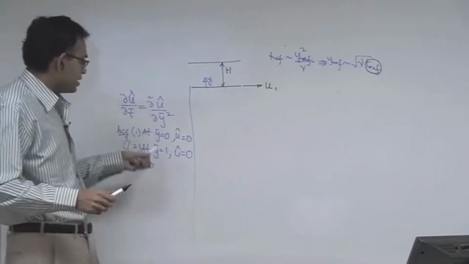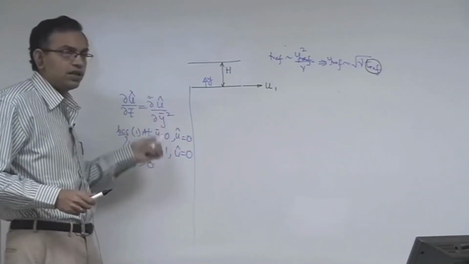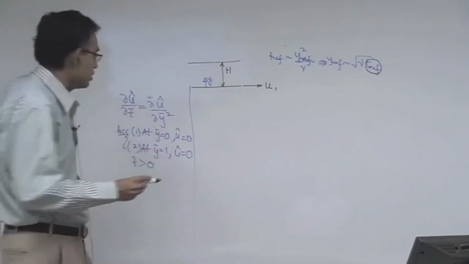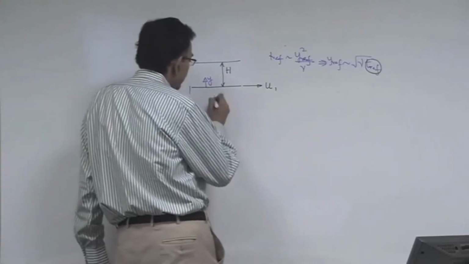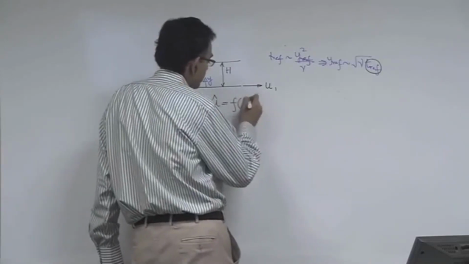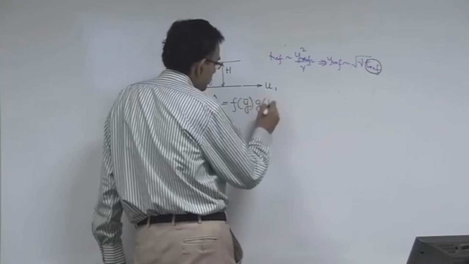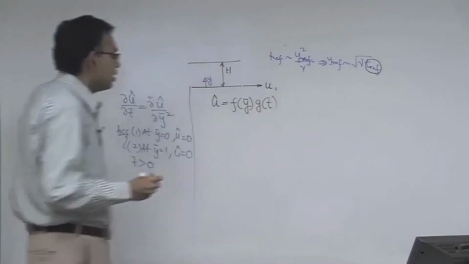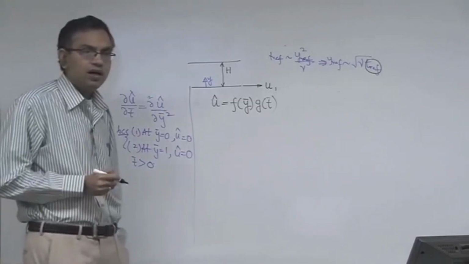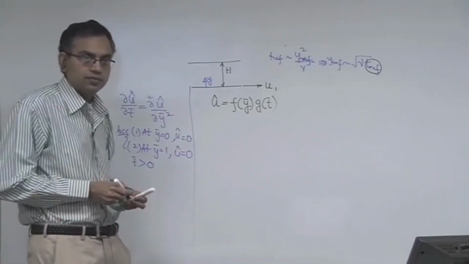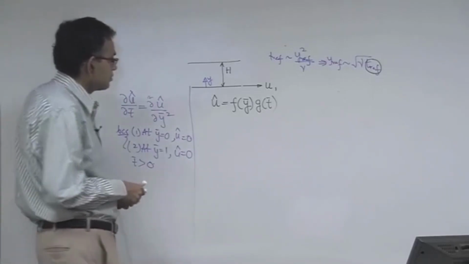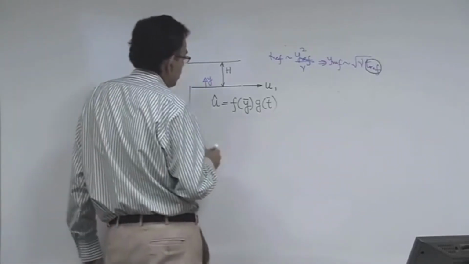Now, because of this nice homogeneity in the boundary conditions, we can use the separation of variables. So, let us write u hat as a function of y, f, into a function of time, g, that is the method of separation of variables.